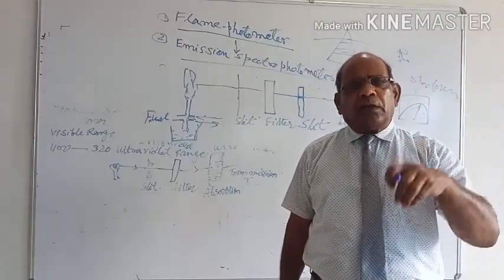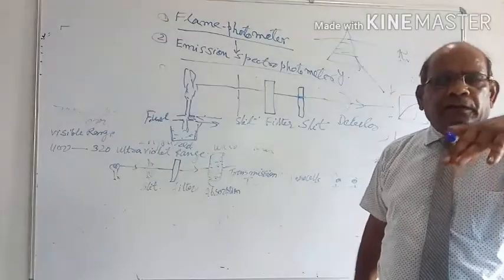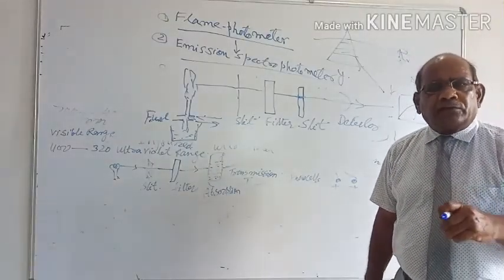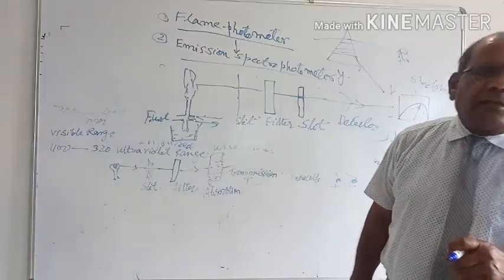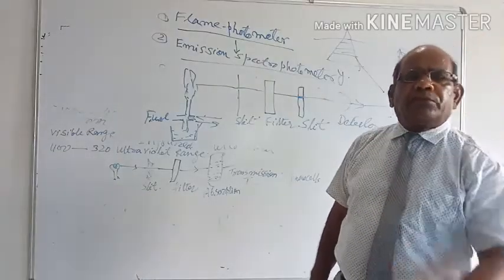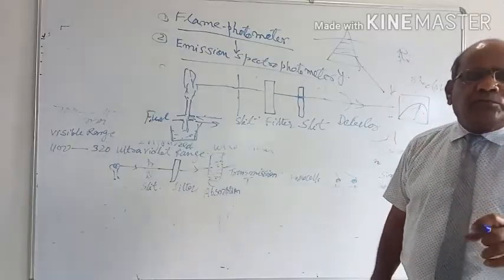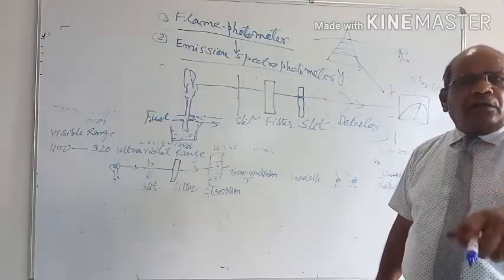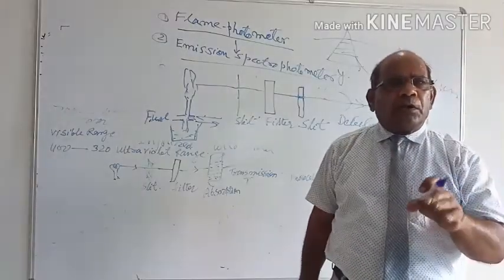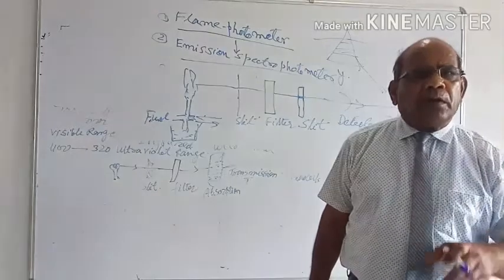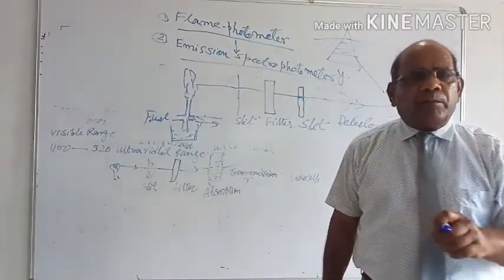When they are put in a very high temperature in the form of flame, the atom is excited, and this excited atom emits certain spectra. Perhaps you might have seen sometimes when you burn your stove, it gives some colored flame. For example, green flame or even red flame.